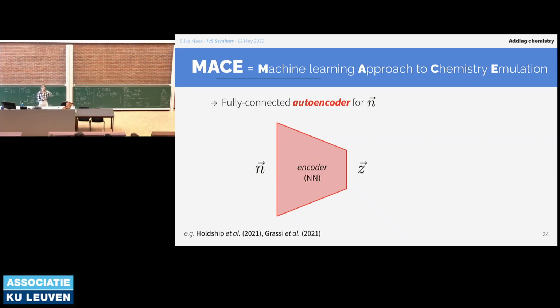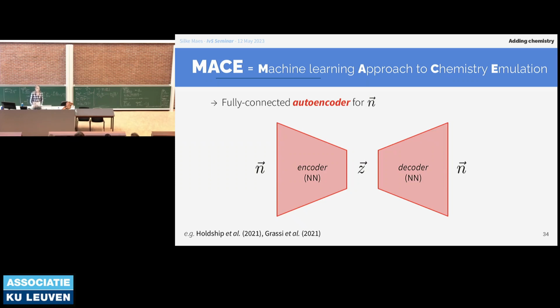Then we have a reduced version of this called Z. And the clue is that we do not aim for this Z vector to be still physically interpretable. If it's just some mathematical thing that works, we're fine with that. Of course, since we cannot interpret this, we also need to decode this, by another neural network.